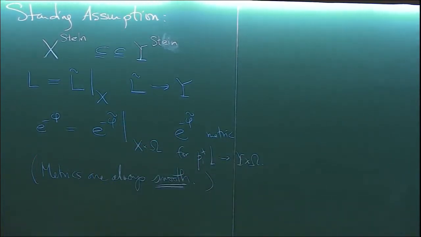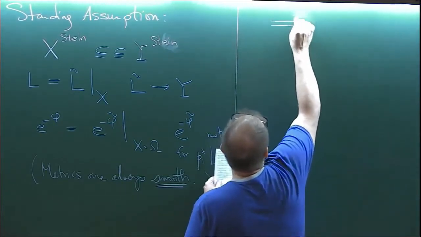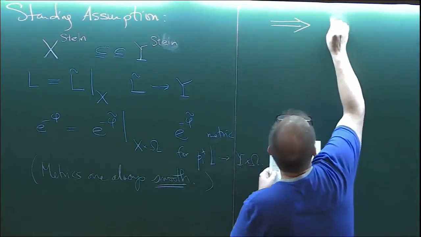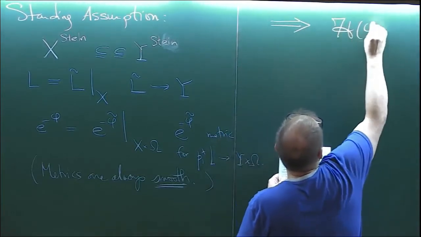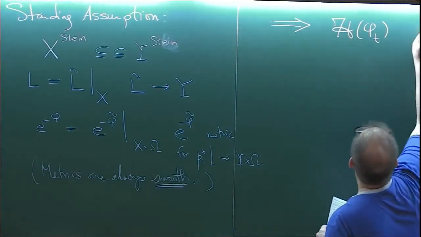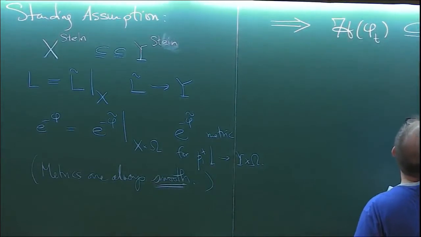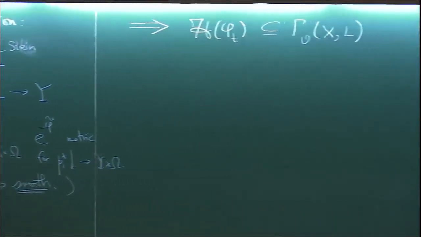Okay, so with these hypotheses, this actually implies that the Hilbert space H phi t, right, so this is a subspace of the space of holomorphic sections of L. And the claim is that this subspace is independent of t.